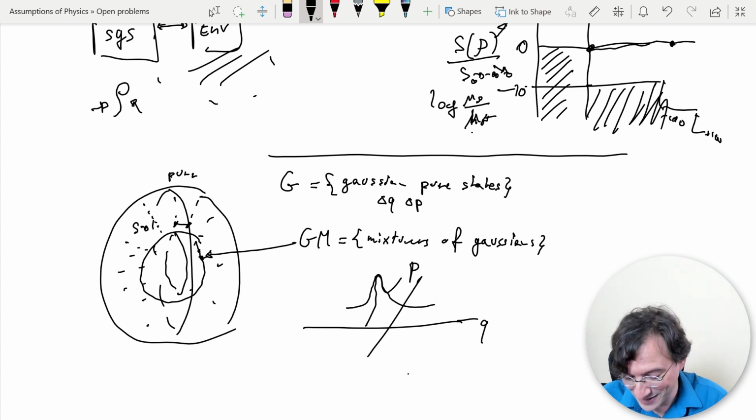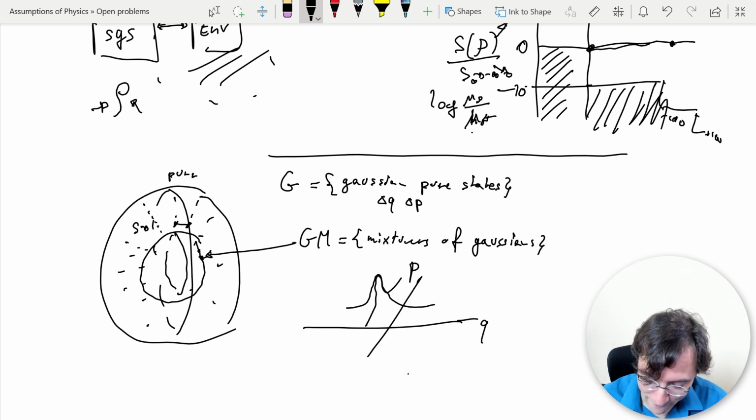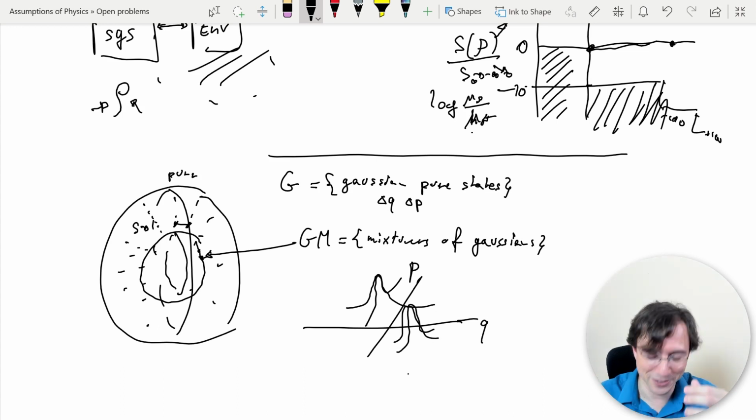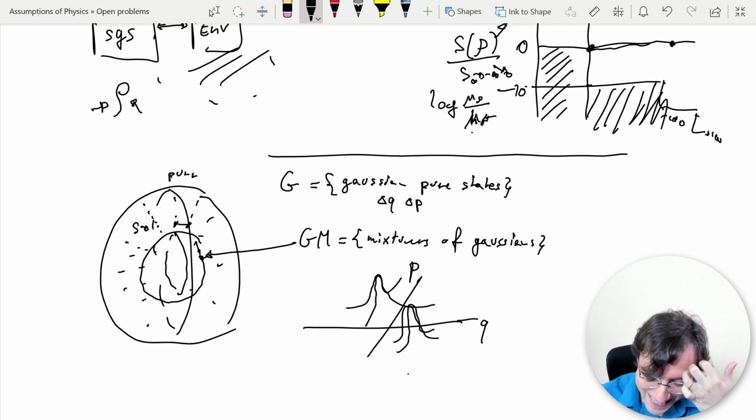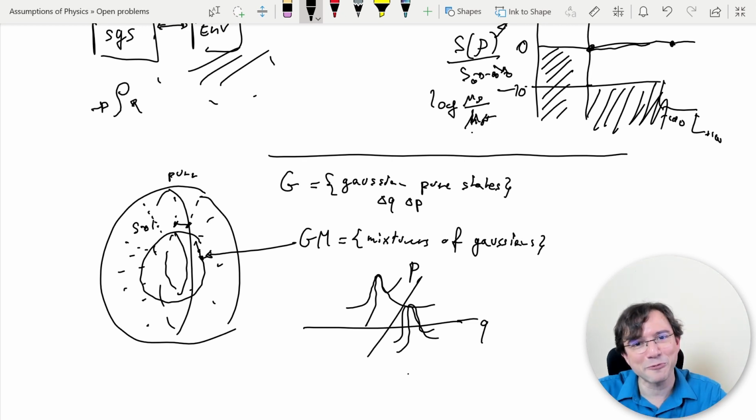The other nice thing when you do quantum mechanics with the Wigner function in phase space is that a mixture is really just addition. So if you have two Gaussian states, the Wigner function is really just the linear combination of the two, so it's a thing with two peaks. And so we're basically saying that when things are spread out enough, then you can just use these Gaussians to approximate the thing.